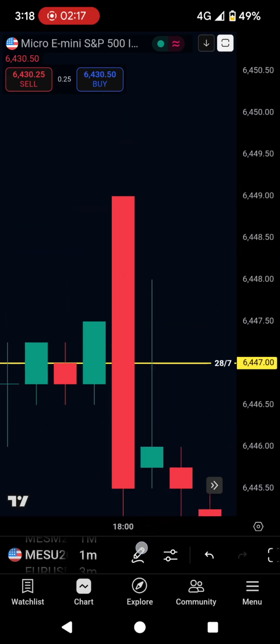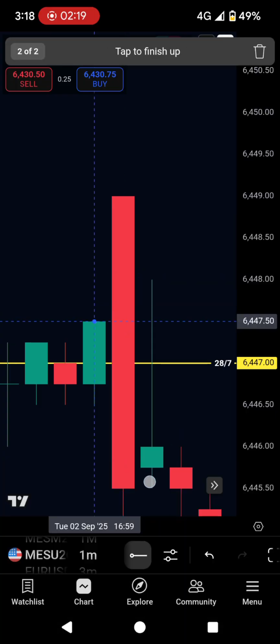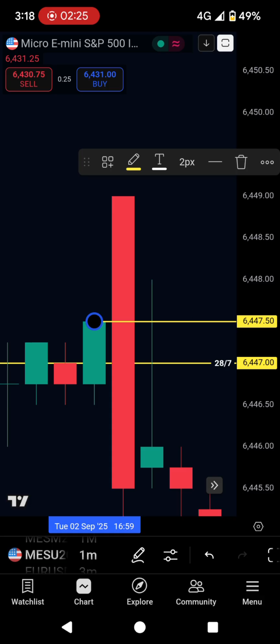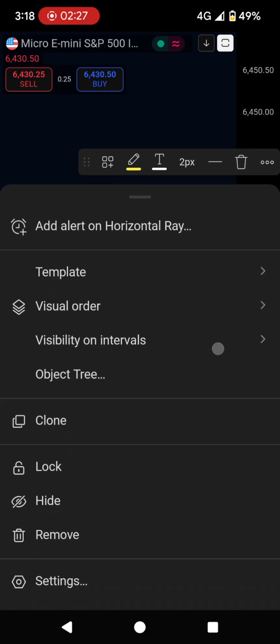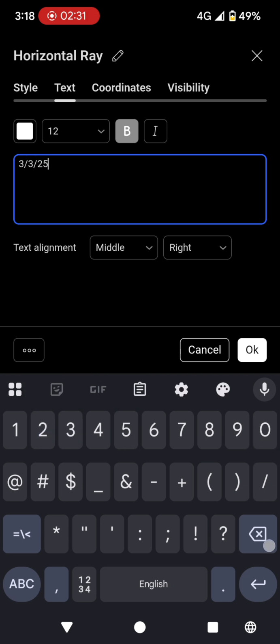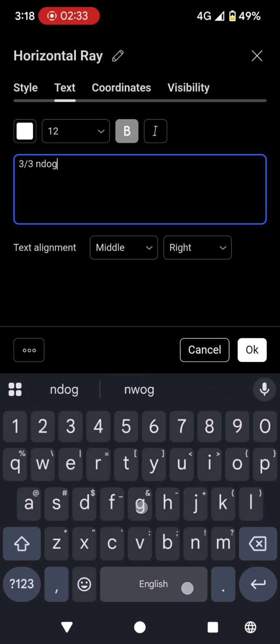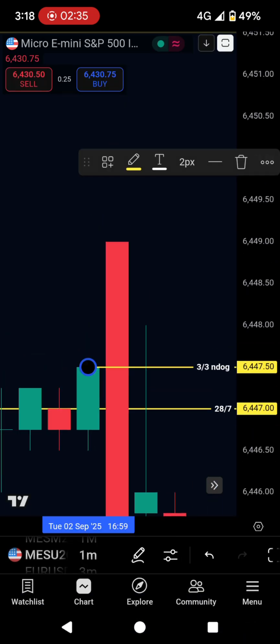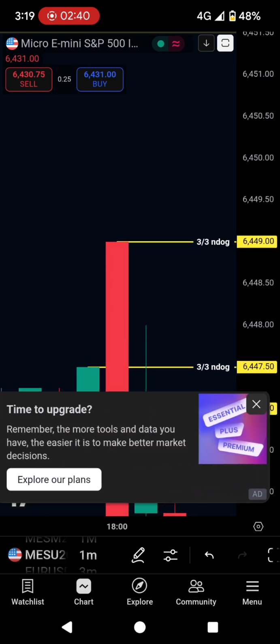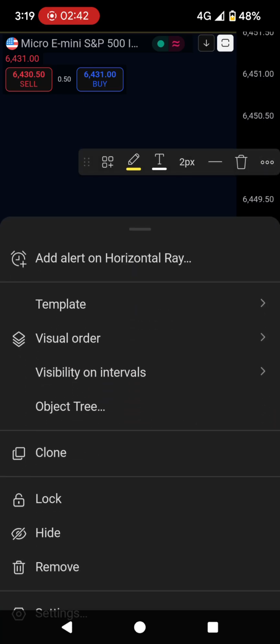Okay, so let's draw the Wednesday new day opening gap, which is the closing price of this, and put 3rd of September. Open here. Okay, and we're gonna lock it.